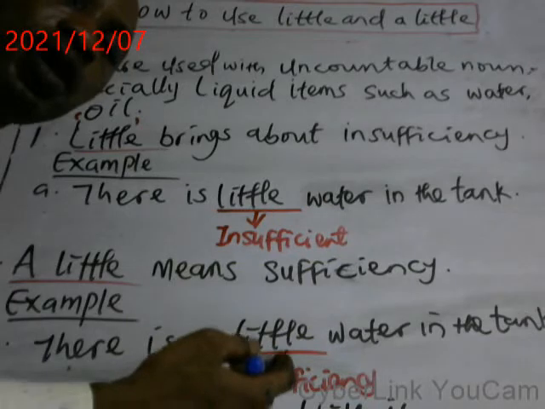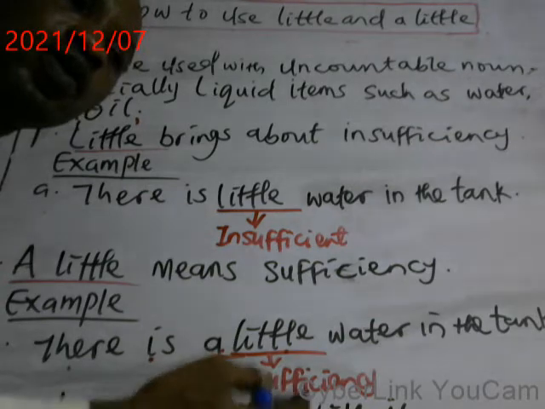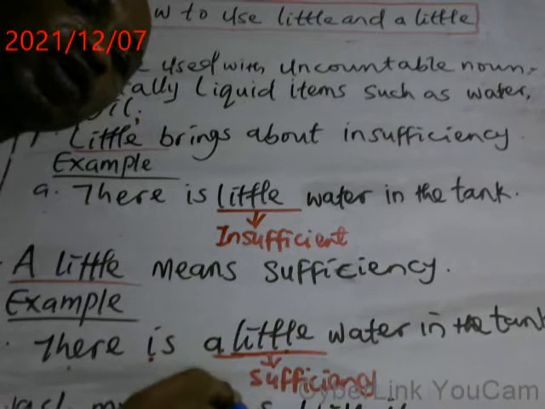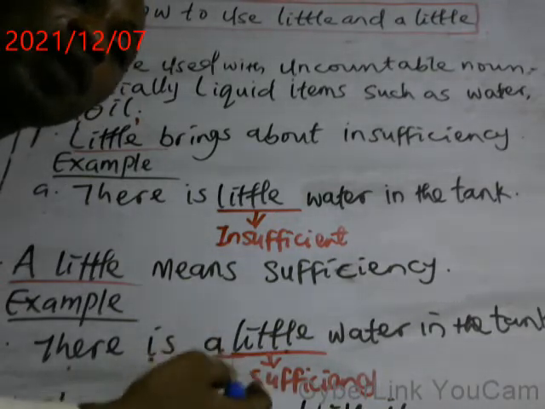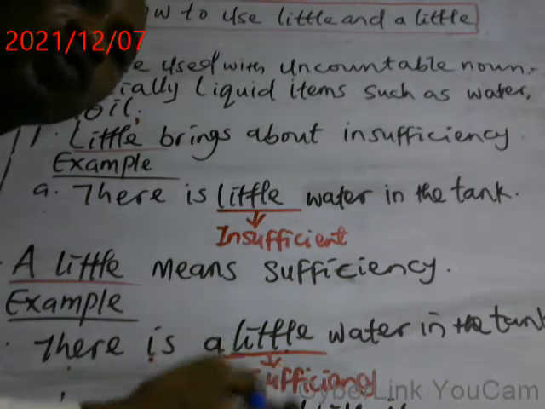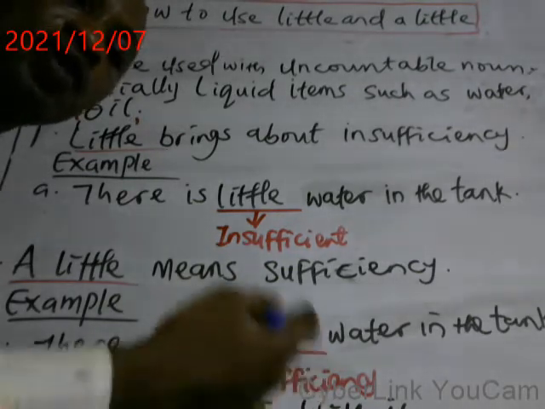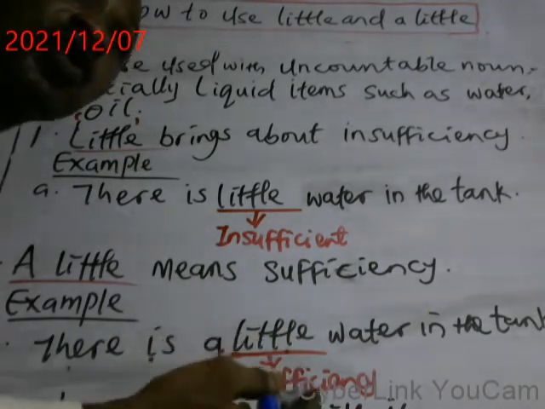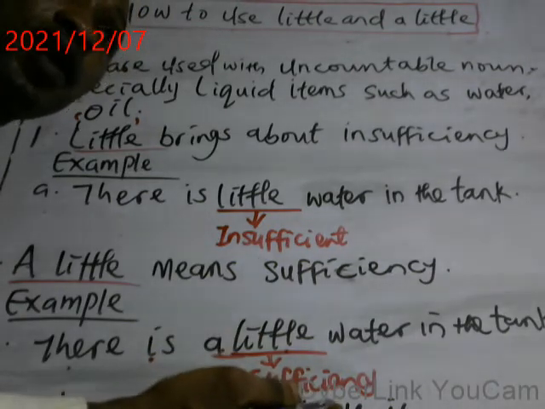Little means a condition of insufficiency, a condition whereby that particular item is not sufficient for what you need. It cannot cater for your need at that particular point in time. Whereas a little means sufficiency. It is telling us that that quantity, that amount that you have, is good enough for what you need.